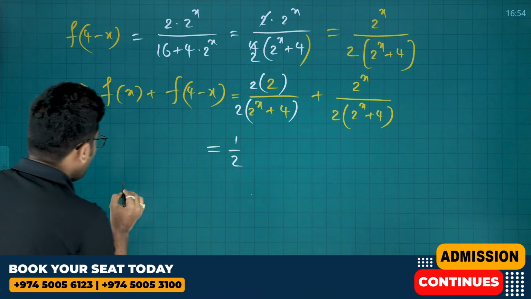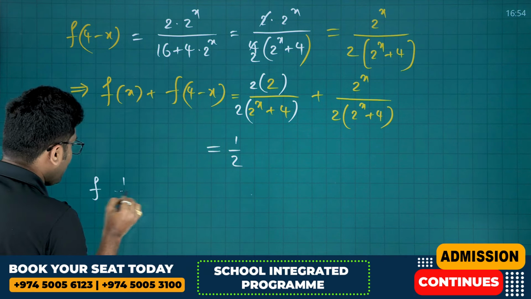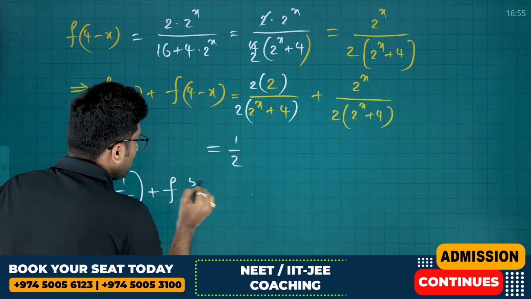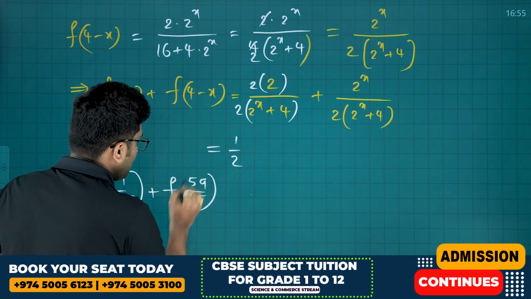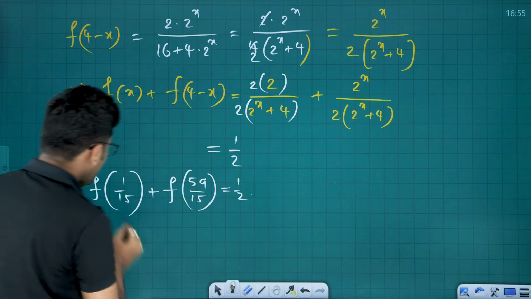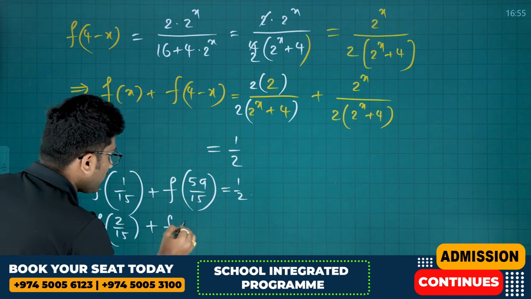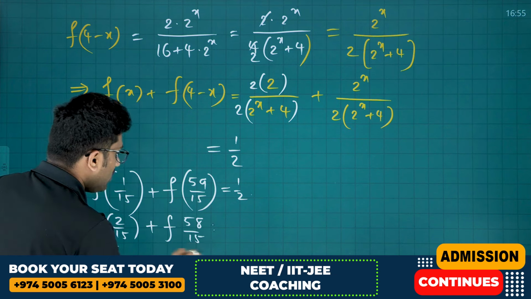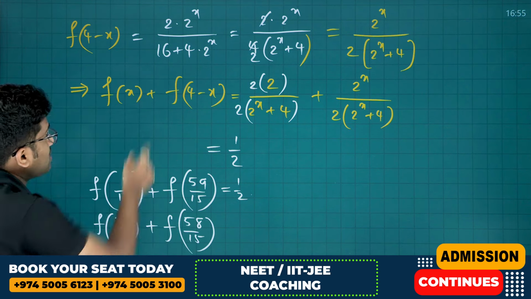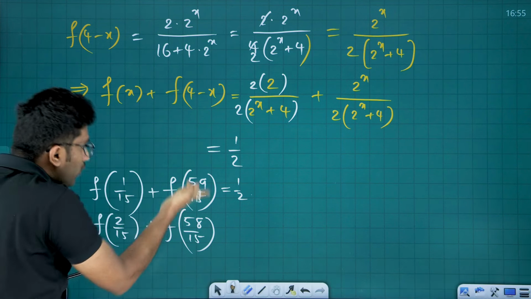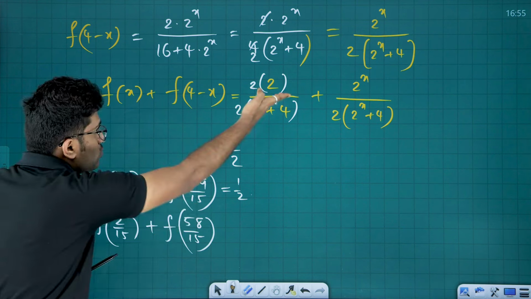See guys, f of 1 by 15 plus f of 59 divided by 15 is equal to 1 by 2. In the same way, f of 2 by 15 plus f of 58 divided by 15. Why is it 1 by 2? Because if you take x as 1 by 15, 4 minus x is 59 by 15, and that is what we have proved.